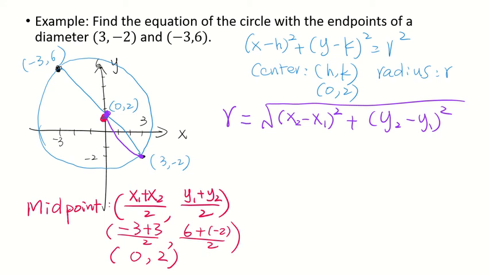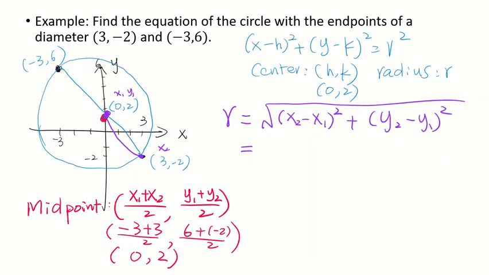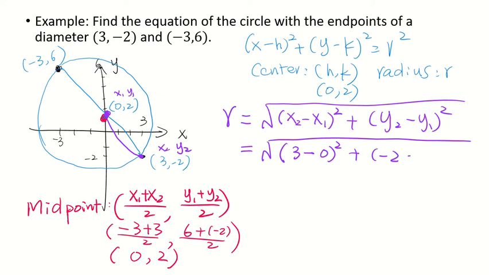I'm going to mark my 2 points x1, y1, x2, y2, and plug in the points. x2 here is 3 minus x1, 0, squared, plus y2 is negative 2 minus y1 here is 2, squared.